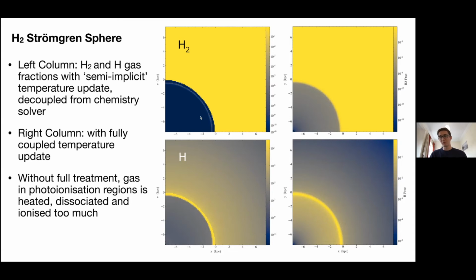And more importantly, we've very much overestimated our dissociation rate and ionization rate. And indeed, the temperatures are higher here too. So when we're doing simulations of reionization, it's very important that we don't do this. So this is just demonstrating that we've had to essentially rewrite our RT cooling module to roll every ODE into this big system, because separating them out just negates the whole point of using a more sophisticated solver.